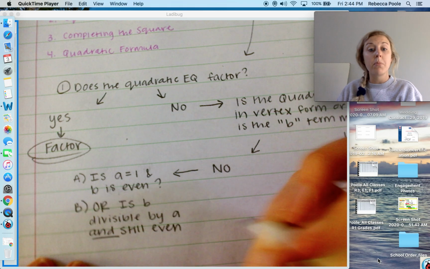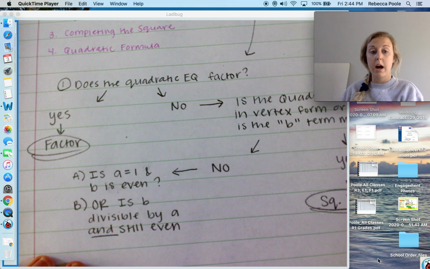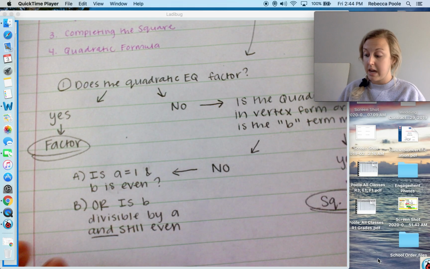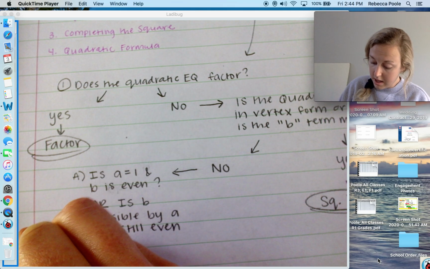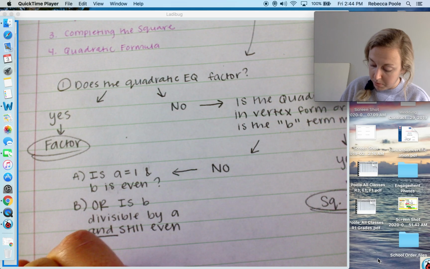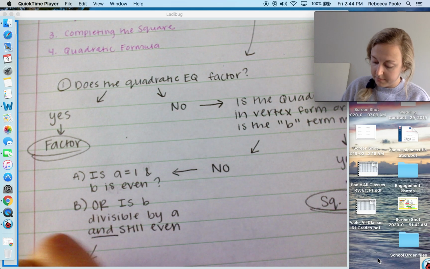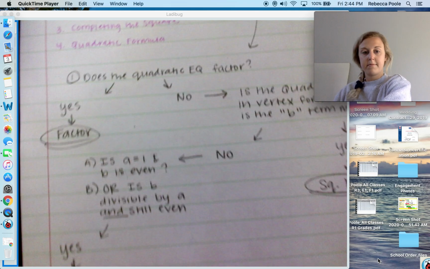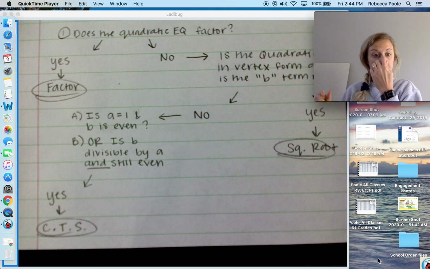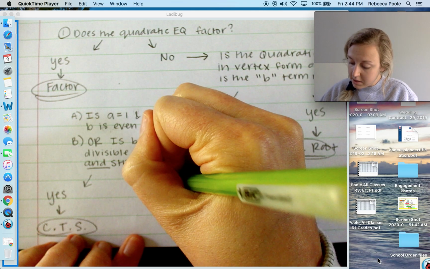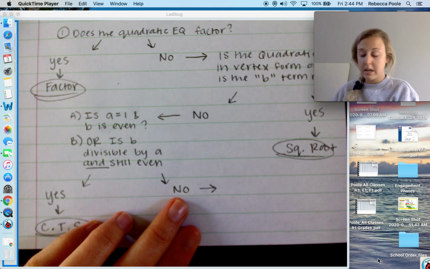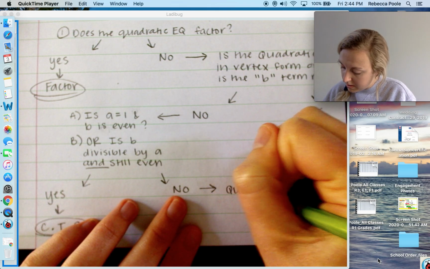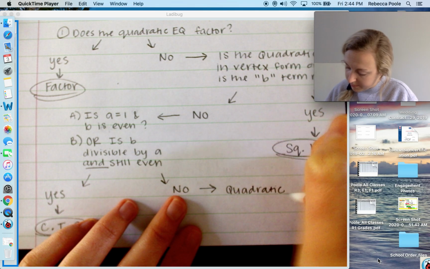And we will talk about why this is important, okay? But this is what you want to check next. So if your answer to this is yes, then this is when you would complete the square. Okay? If your answer to this is no, then the only other method that's an option is quadratic formula.